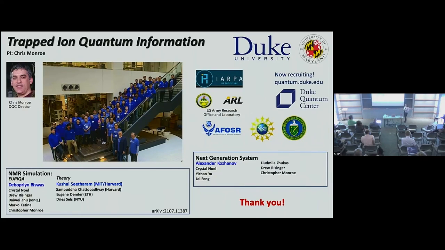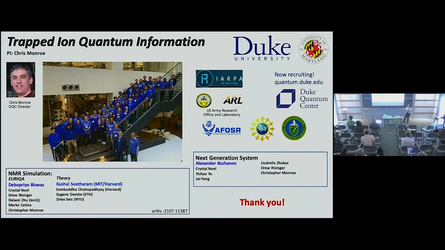Now, in the next architecture we're envisioning, I'm not necessarily sure how much of that we would be doing. When you have these long chains, what's great is you have all-to-all connectivity. So rather than moving ions around all the time, which is the continuum approach, instead we're thinking about having these long chains and maybe bringing them together, or bringing pieces of them together, to create new long chains and take advantage of that.